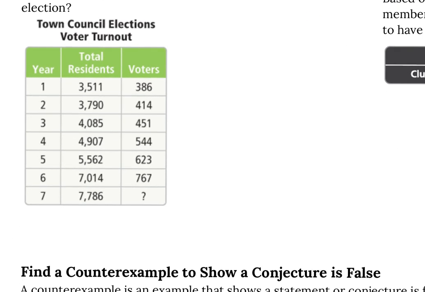I'm going to take the number of voters and divide that by the total residents to figure out what percentage of the residents actually voted. So 386 divided by... Okay, and I'm going to keep doing this all the way through this data.